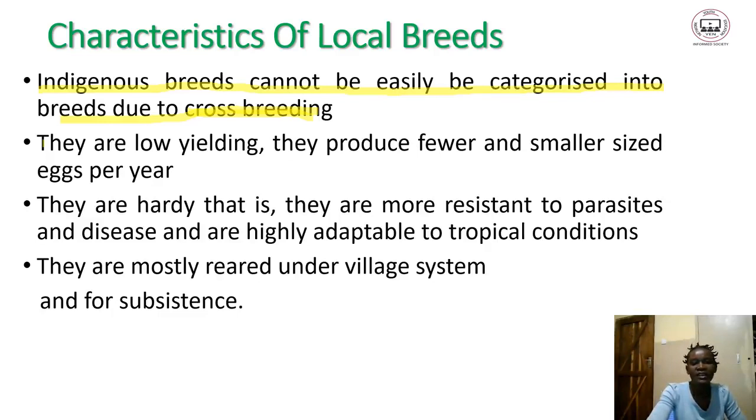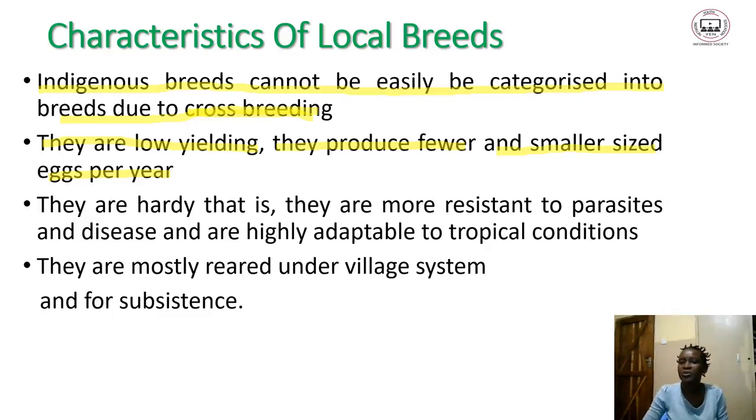Apart from that, another characteristic of local breeds is that they are low yielding. They produce fewer and smaller sized eggs per year. I mentioned earlier that most of the times if a breed has two or more purposes or produce, that will compromise quantity in terms of yield.